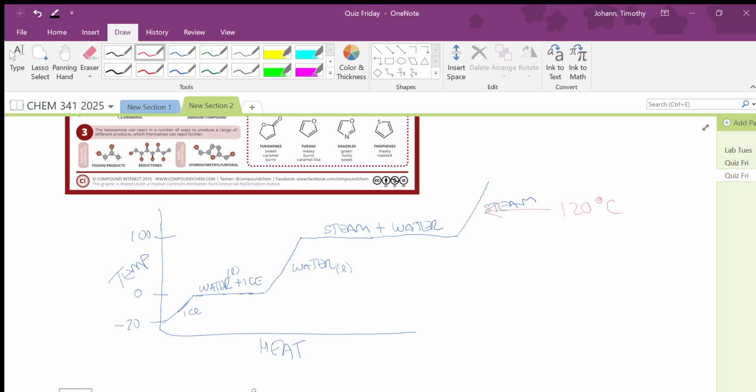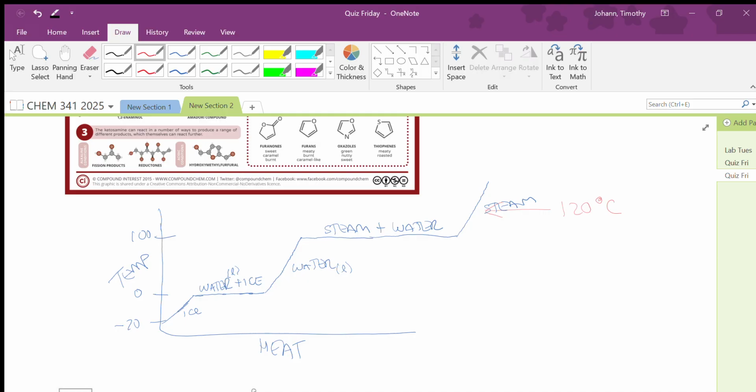Because as long as you've got a bunch of water around, you can't get above 100 degrees. So if I make a stew, let's say, and I chop up the meat raw and I throw it in the stew, do you ever see browning on the outside of that meat? No. So if you want those flavors, you have to do what? You have to fry it in a pan first, then chop it up, then throw it in the stew if you want those flavors. Does that make sense?